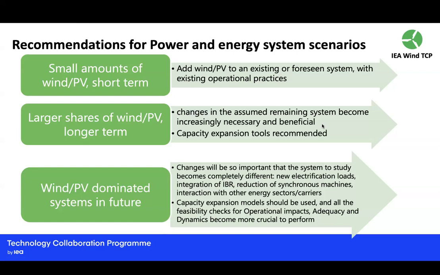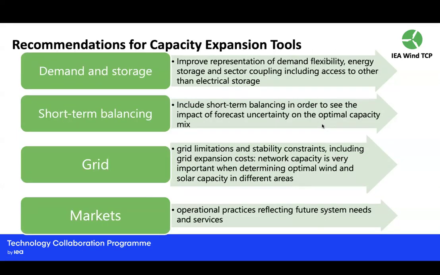But these tools should also be improved. They should have demand and storage included, because many of the tools now don't look at that in detail, the future storage or the future demand flexibility coming from decarbonization and electrification.